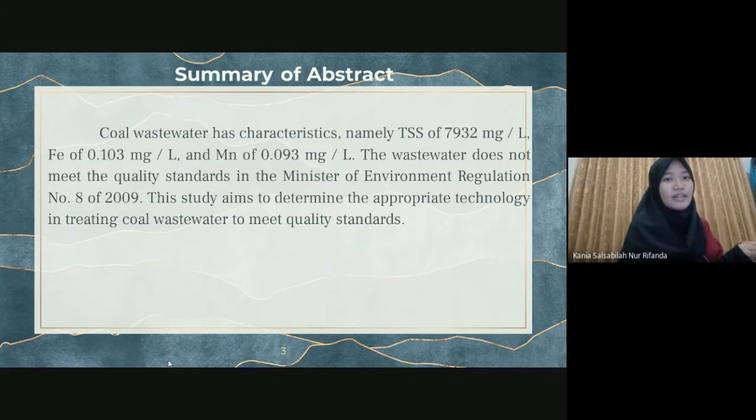The wastewater doesn't meet the quality standards in the Minister of Environment Regulation number 8 of 2009. This study aims to determine the appropriate technology in treating coal wastewater to meet quality standards.